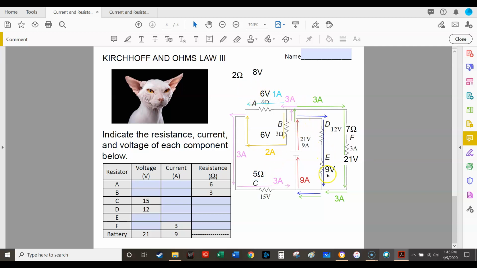Let's go back to the blue branch and try to find its current. Well, 9 amps is leaving. Blue is splitting off. Green 3 amps is splitting off to the right. Pink 3 amps is splitting off to the left. That means that's going to be 6 amps. And what that tells me is that blue has to also be 3 amps.